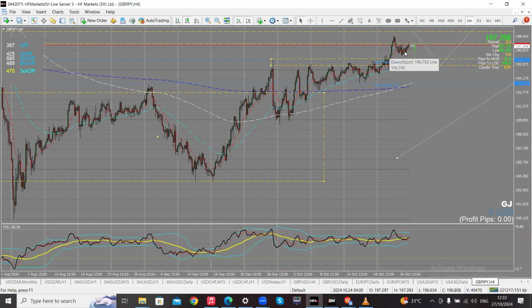Of course, it looks like we have already rejected the area, and price could actually try and now break this resistance level.